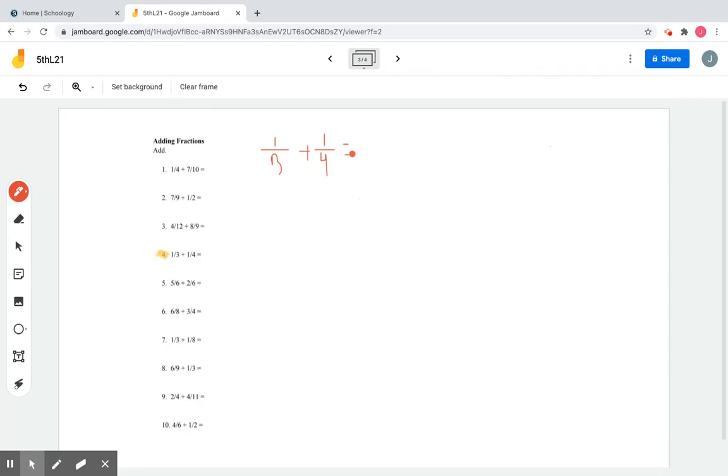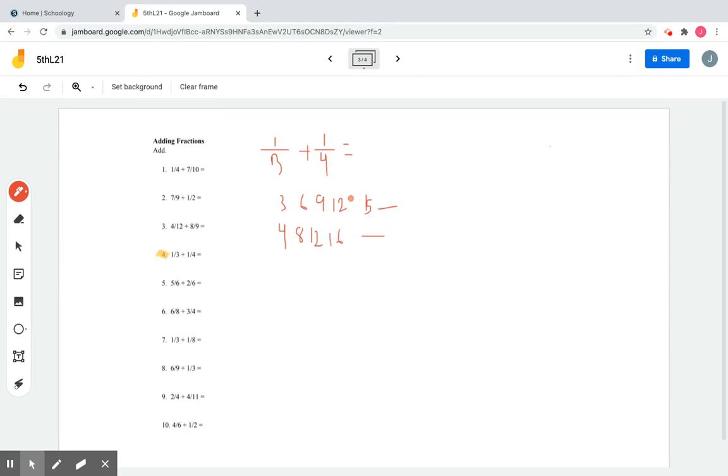In order to find the least common multiple, you're gonna just list the multiples. So for 3 it will be 3, 6, 9, 12, 15, and more. And we're gonna list the multiples of 4, and it will be 4, 8, 12, 16, and more.